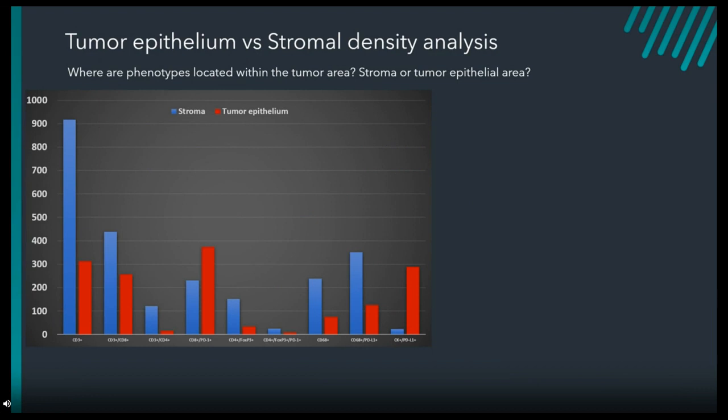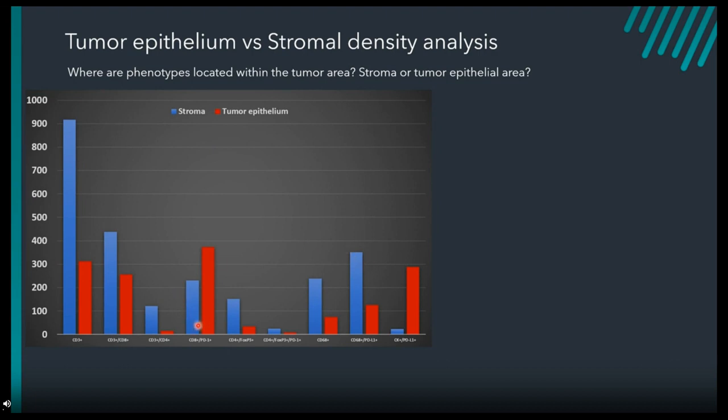When we are exploring the tumor epithelium versus the stromal densities of our phenotypes, we can clearly see that in the stroma we have higher expression of the T cells compared to the tumor epithelial area, and we also have more macrophages, in both populations, CD68 only or double positives with PD-L1, so the more M2-like phenotypes in the stroma.